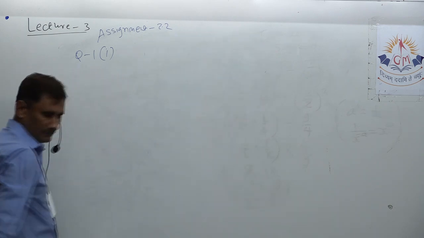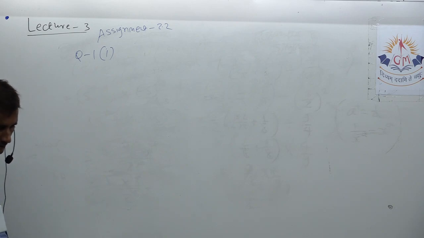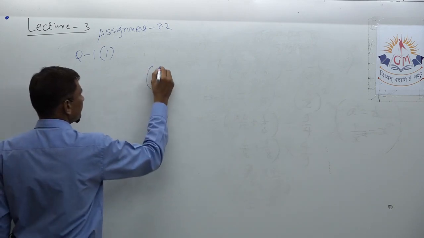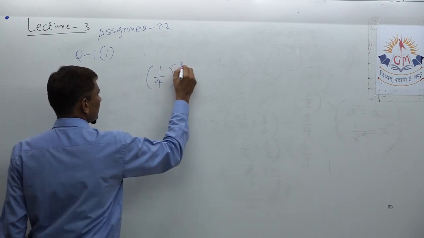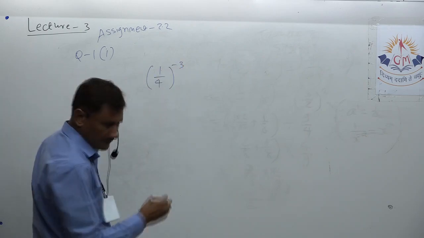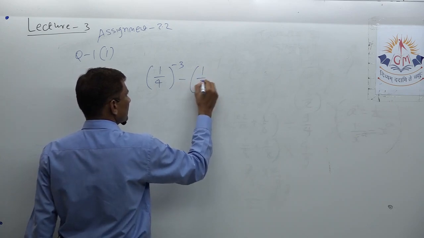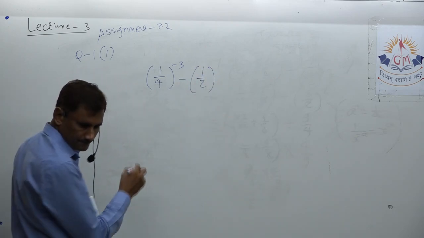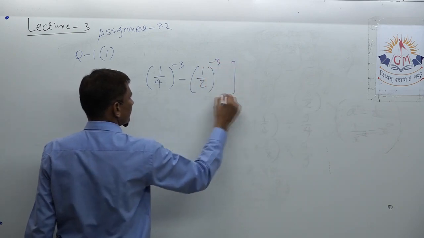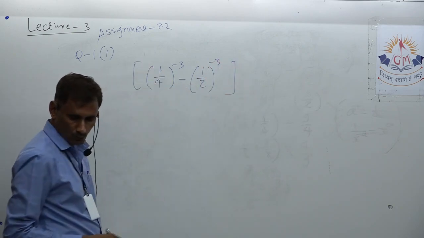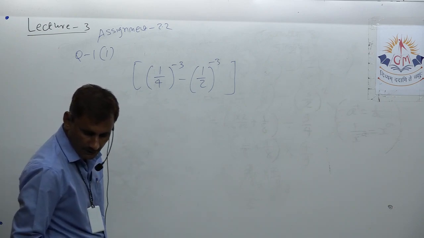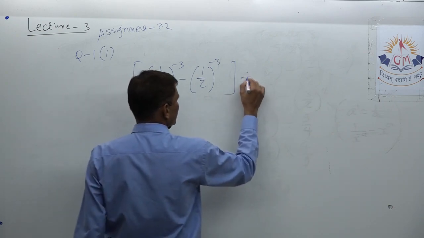Now look at the second one: 1 by 4 raised to minus 3, minus 1 by 2 raised to minus 3 again, and divide by 1 by 4 raised to minus 3.